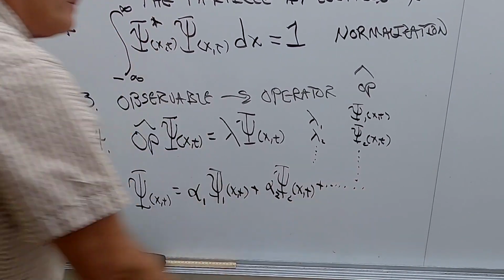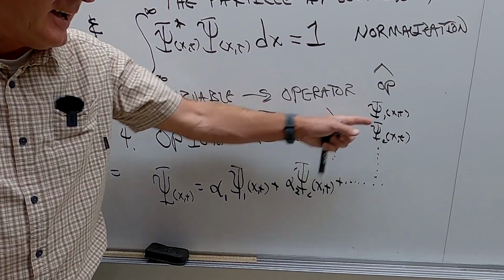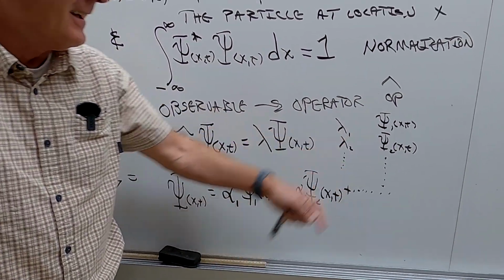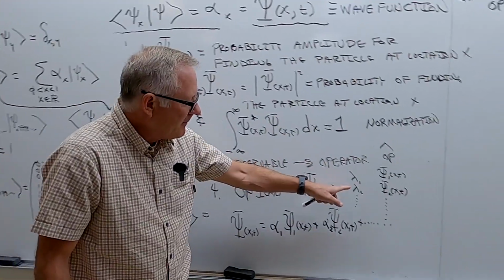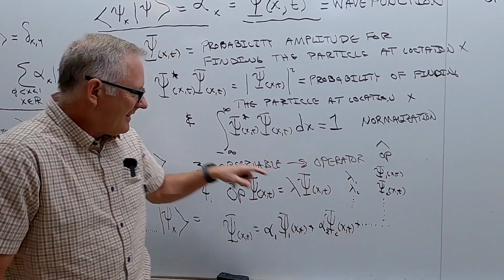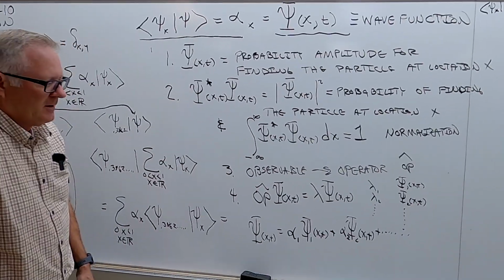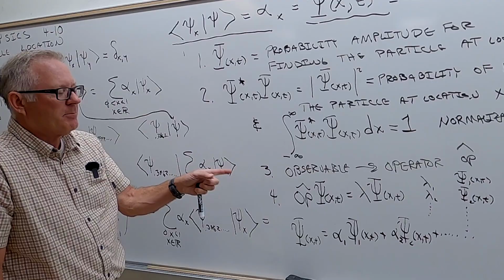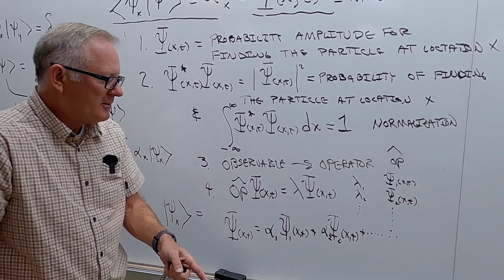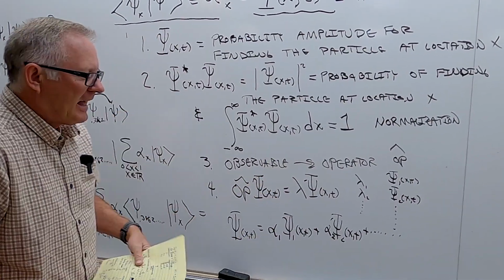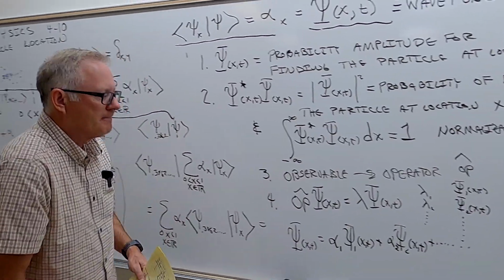The squared magnitude of alpha 1 is the probability of getting psi 1, the squared magnitude of alpha 2 is the probability of getting psi 2, like we've been doing all along. Once you measure, say, lambda 2, all of this collapses down to psi 2, just like before. When we were in alpha up plus beta down, if we operated on it and got 1/2 h bar, it collapsed to just up. So this is the same thing.